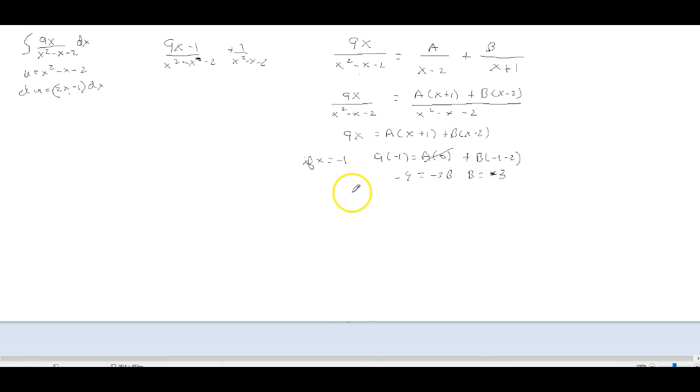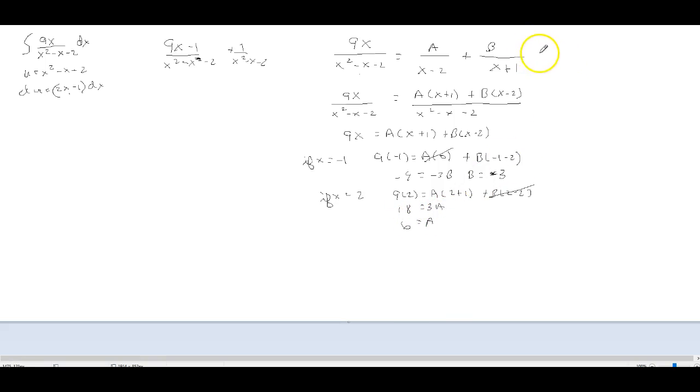And I'm going to do the same thing, and say if x equals what makes this equal to 0, which is if x equals 2. If x equals 2, I get 9 times 2 equals A times (2 plus 1), plus B times (2 minus 2). That goes away because that's a 0. And I get 18 equals 3A, where A equals 6.